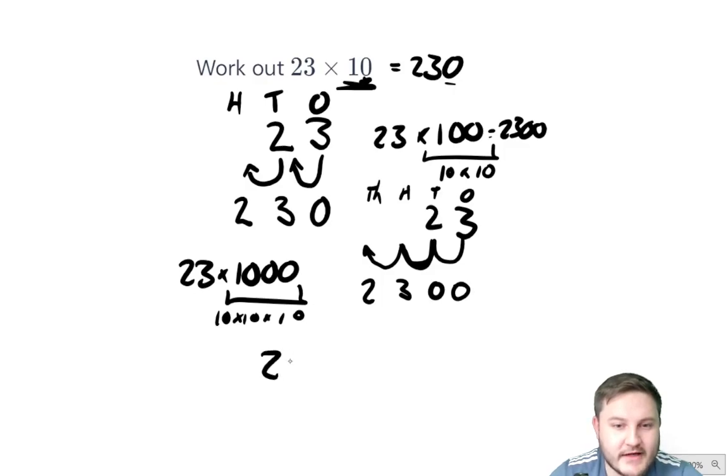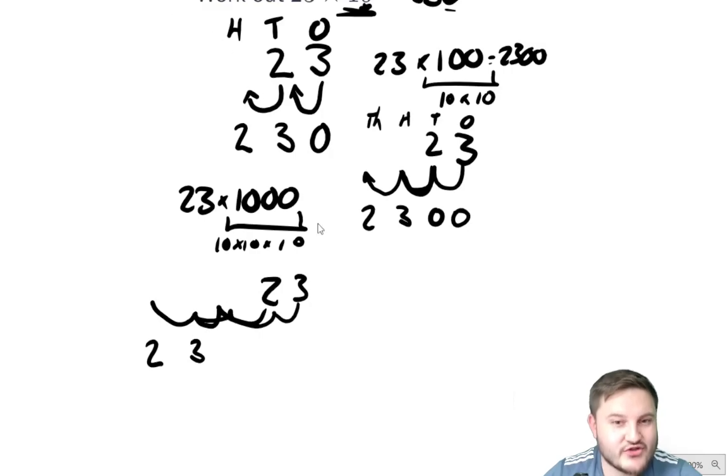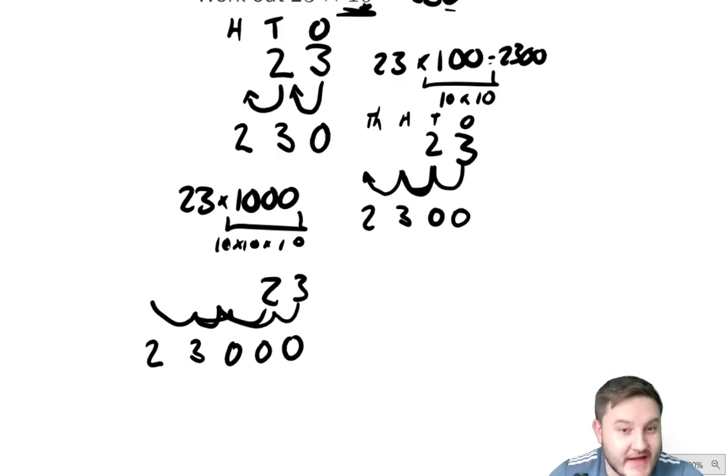So 23, 1, 2, 3 spaces to the left, that goes there. 1, 2, 3 spaces to the left, that goes there. Again, this is a lot easier with squared paper, by the way. So if you have squared paper, I would highly encourage you to use that. And then we would hold the value of the number with the zeros. So the answer is 23,000.